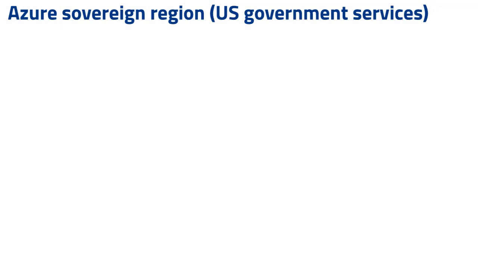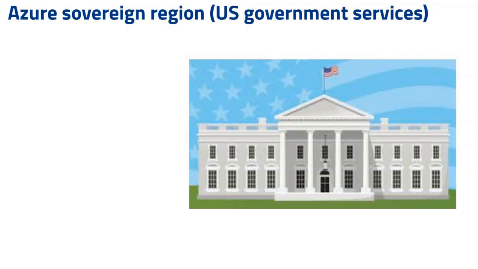In addition to regular regions, Azure also has sovereign regions. Sovereign regions are instances of Azure that are isolated from the main instance of Azure. One of such sovereign regions is Azure US.